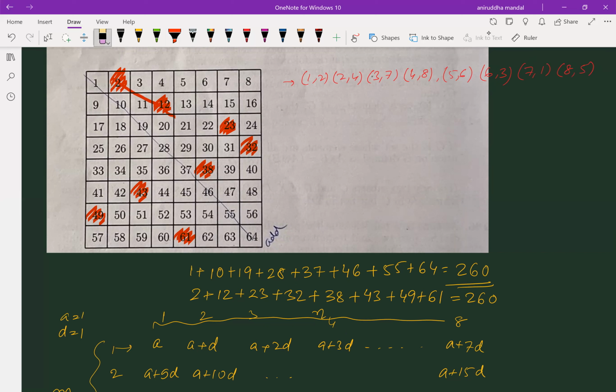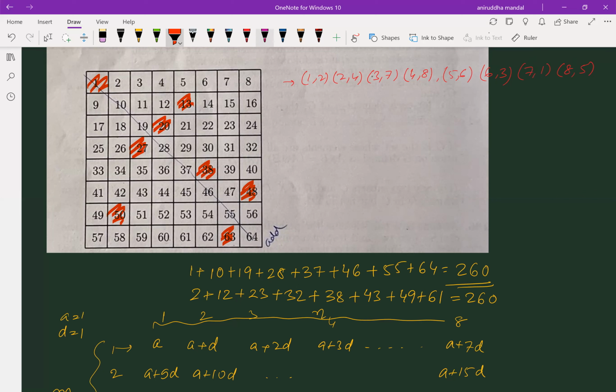Another we can take as, so let's say if we take this one, then this one, then this one, then this one, then this one, then this one. So these two elements remain, this one and this one.